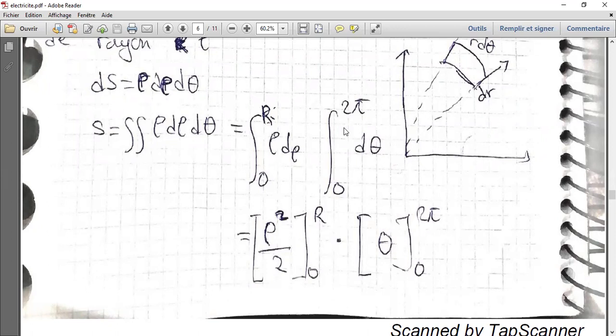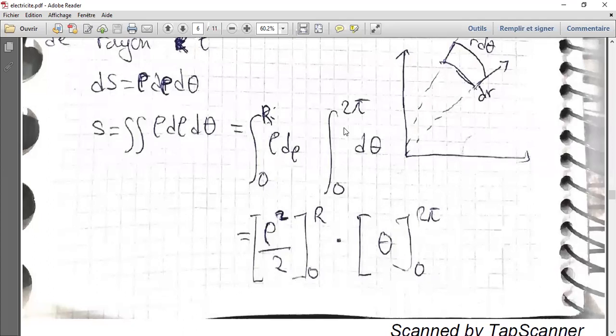The formula for integrating is x to the n plus 1 over n plus 1. So it will be 1 to the power 0 plus 1, divided by 0 plus 1, which is just 1. So you have 1 to the power 1, which is just theta.